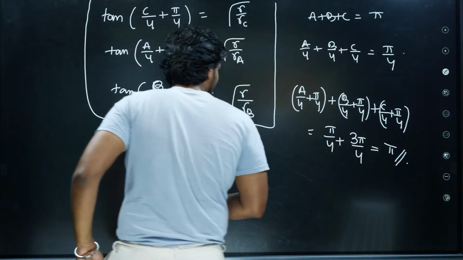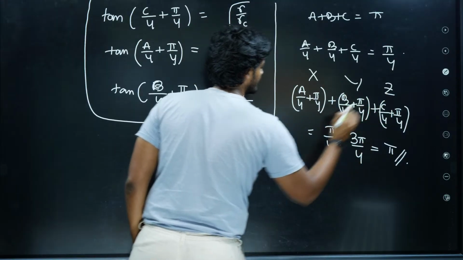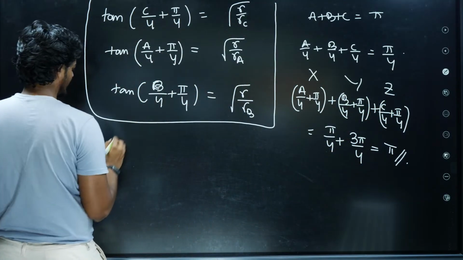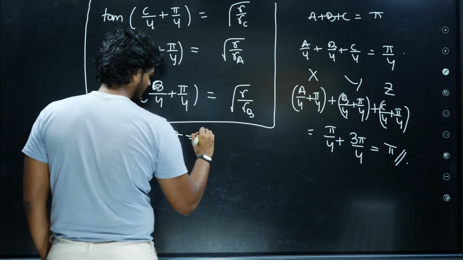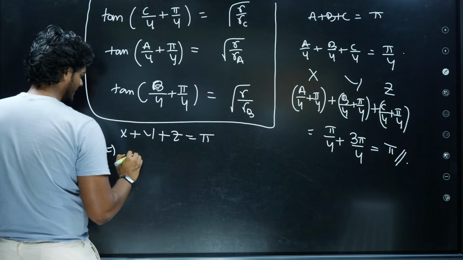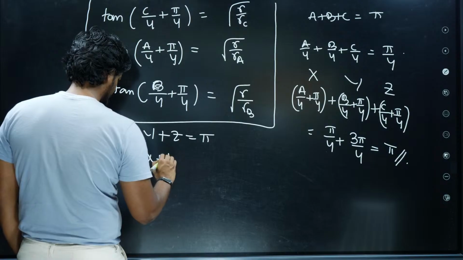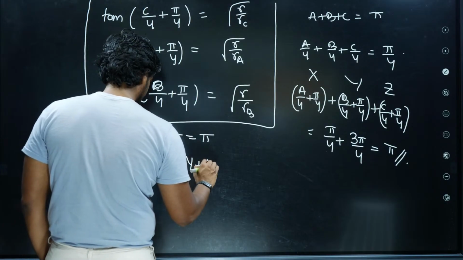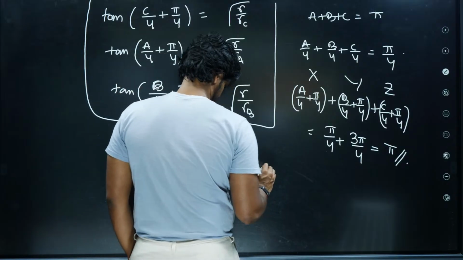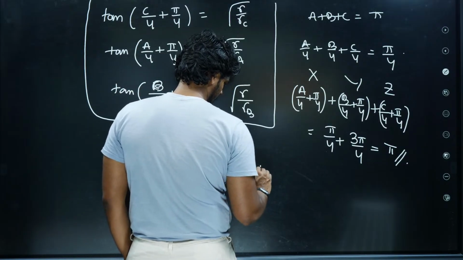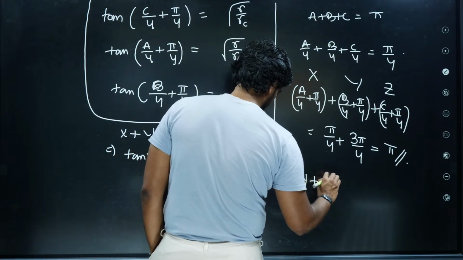So the moment we have that, for three angles x, y, z. So let's say these are x, y, z. If x plus y plus z is equal to pi, that implies tan x plus tan y plus tan z is equal to tan x tan y tan z.